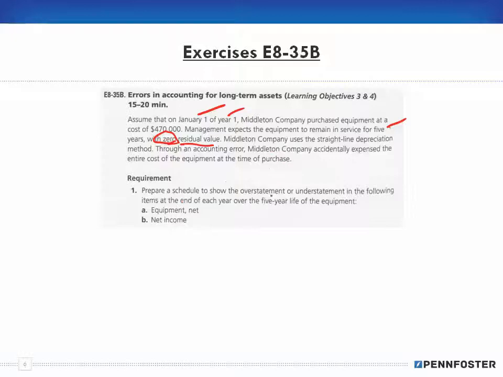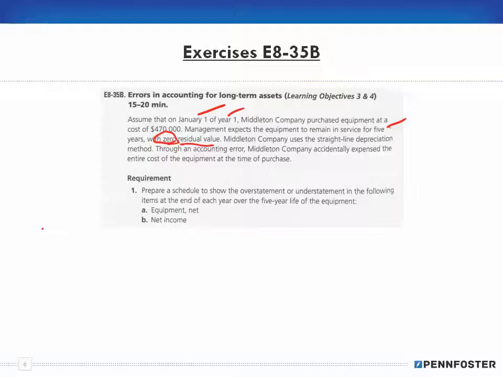Prepare a schedule to show the overstatement or understatement in the following items at the end of each year over the 5-year life of the equipment. So equipment net and net income. Okay, so let's see here.